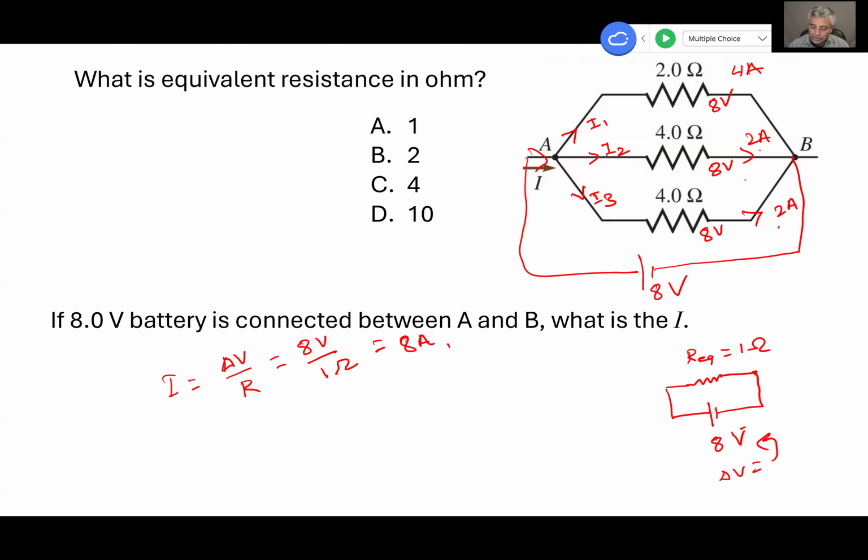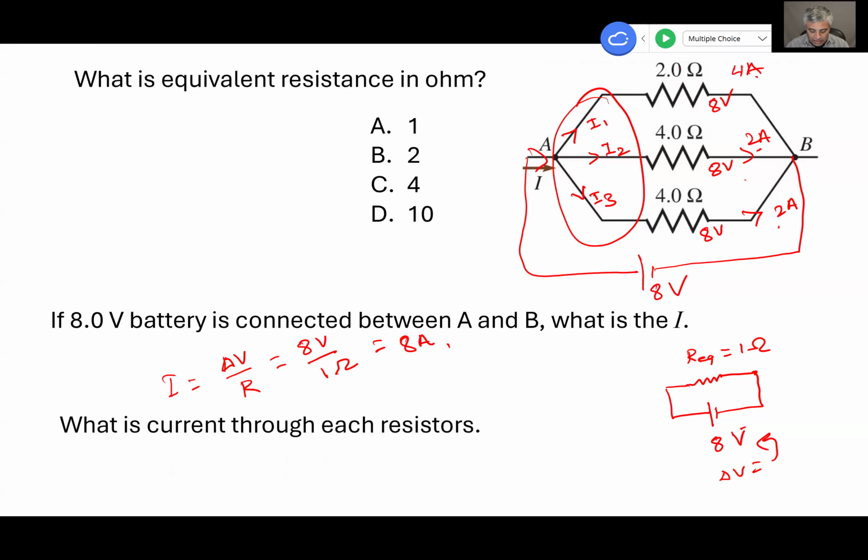So 2 plus 2 is 4, plus 4 is 8. So I is the same as the combination of I1, I2, and I3. Okay. So that's how it works out, folks. So what is the current through the resistors? We just talked about it.